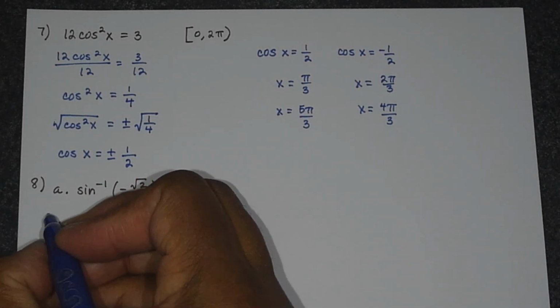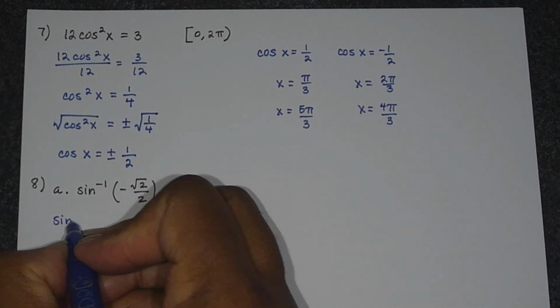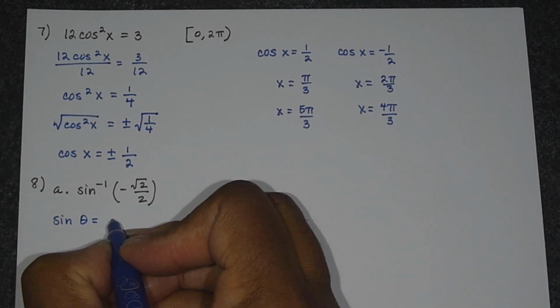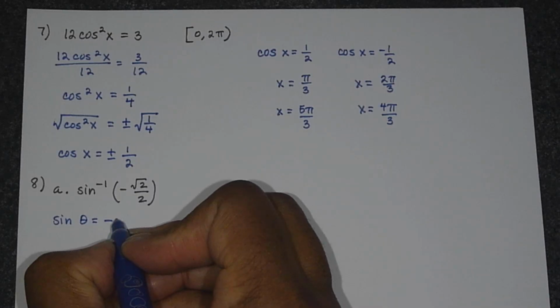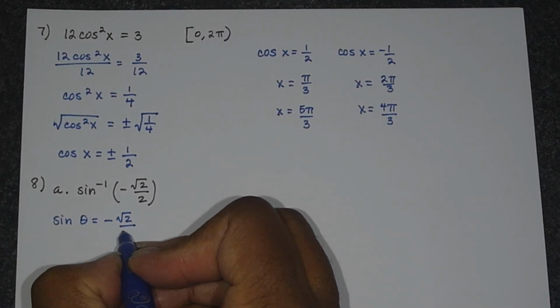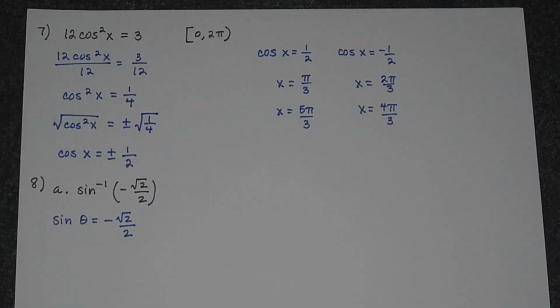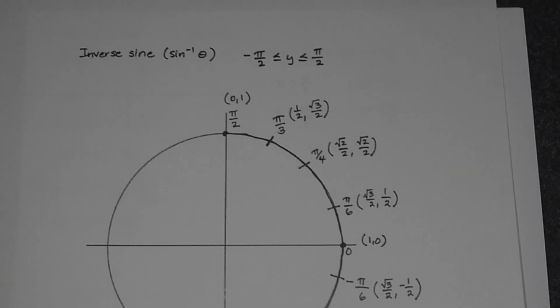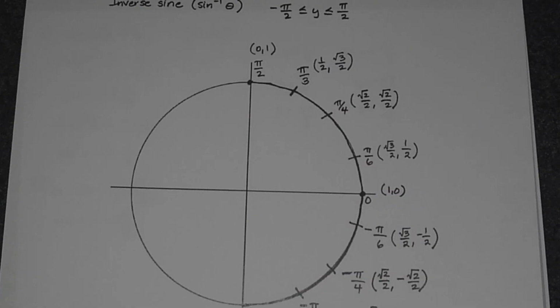What that simply means here is this. We need the angle measure where the sine of that angle is going to be negative square root of 2 over 2. Now, we're going to use the unit circle that has the inverse sine. And that's this one right here.